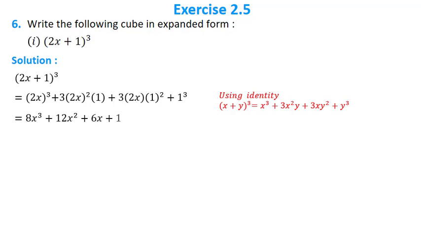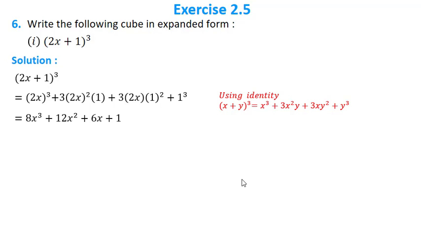On simplification we get 8x cube plus this is 4x square, so 4 into 3 is 12x square, plus this is 6x and finally 1. So this is how we expanded this (2x plus 1) the whole cube. So it is your choice whether you are going to use the formula as (x plus y) the whole cube as x cube plus y cube plus 3xy into (x plus y), or you can directly use the formula as x cube plus 3x square y plus 3xy square plus y cube.